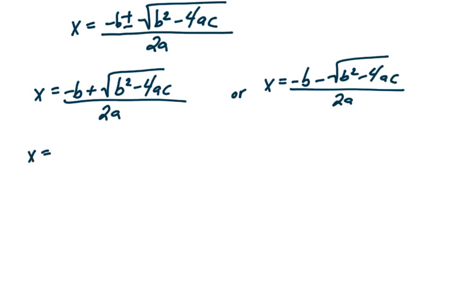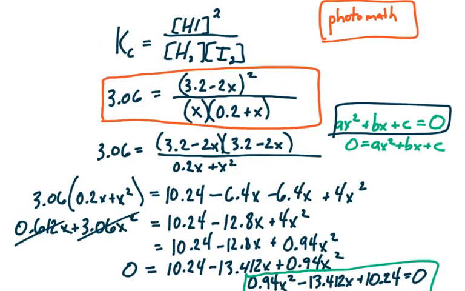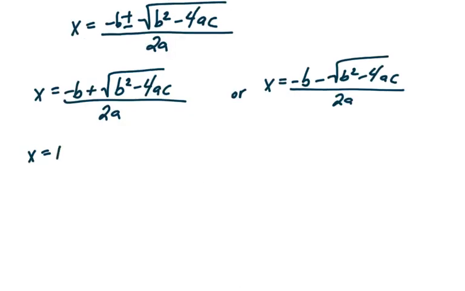x is equal to negative b. b is negative 13.412. So this will be positive 13.412 plus b squared.